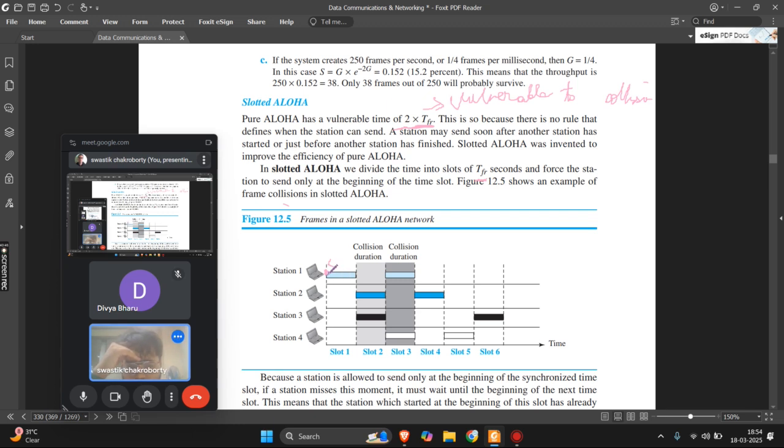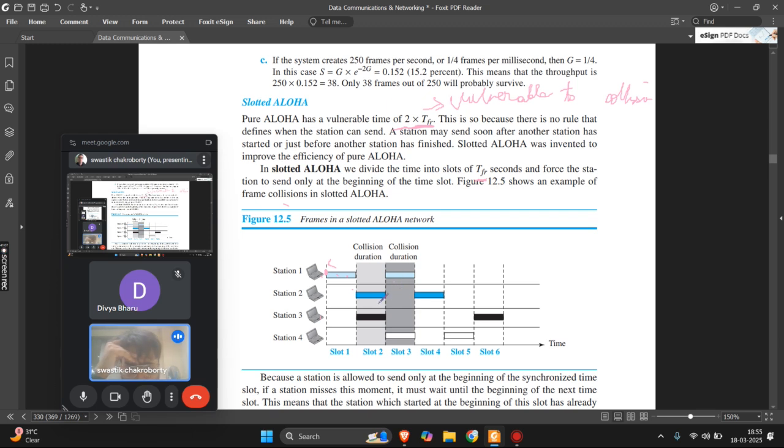Once the packet has been sent, for the rest of the time all the stations have to hold their packets and wait for the next slot to arrive. Whenever the next slot arrives, the stations might again send their packets.